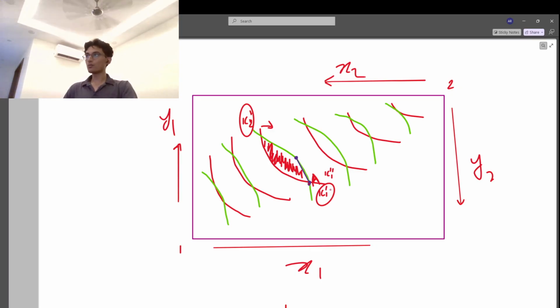And individual 1 is also being better off. Individual 1 is moving in this direction, individual 2 is moving in this direction. So they are both better off in this region, and any point on the boundaries of this region.